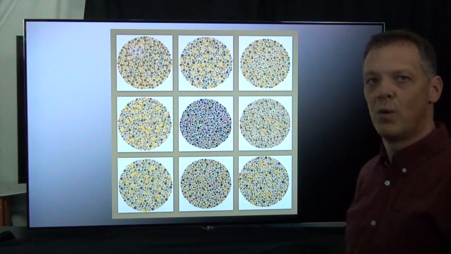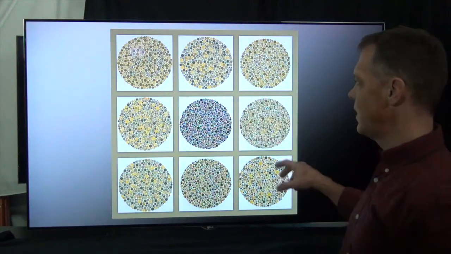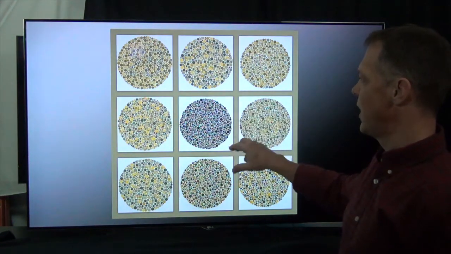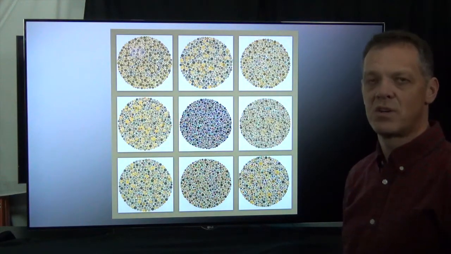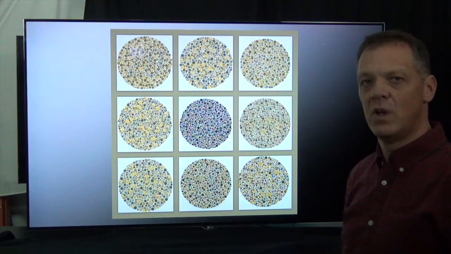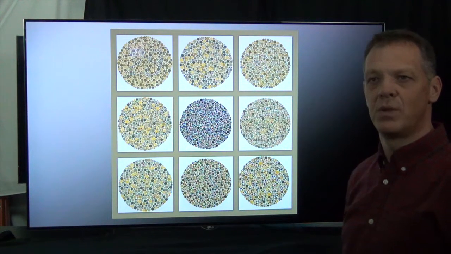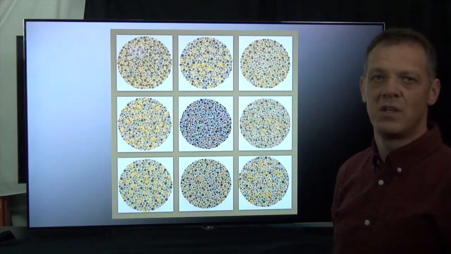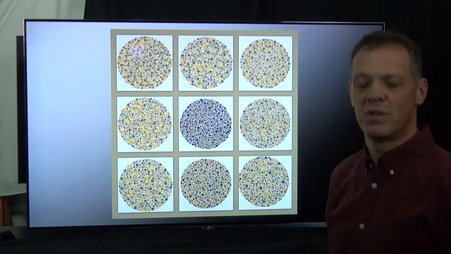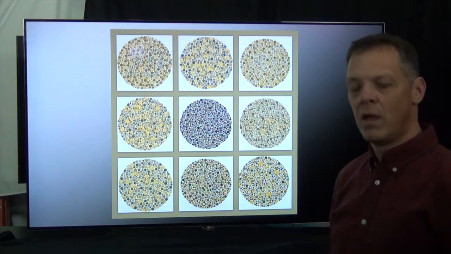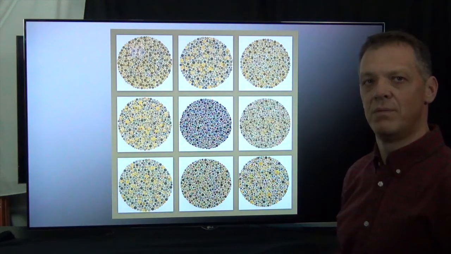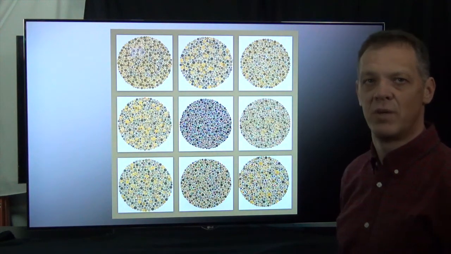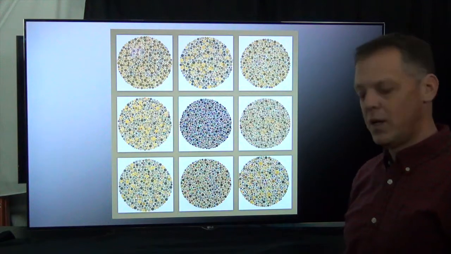To a person with normal color vision, you will see a number or a character or a letter inside the big circle. The patterns are specially constructed to make it difficult or impossible for people with color vision deficiency to see the details, the shapes, or the numbers. Here we have what a simulated color vision deficiency looks like. In this case, we've simulated a red deficiency.